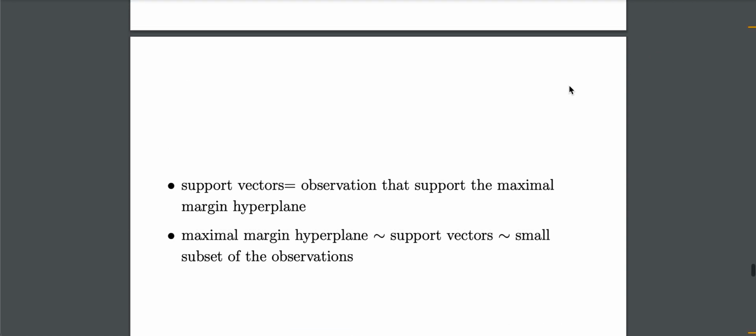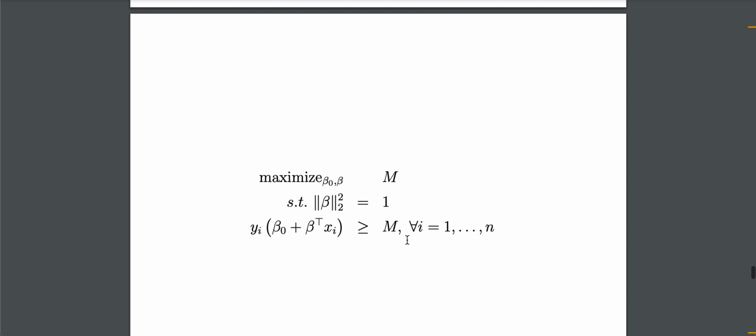That will give us the maximal margin hyperplane. So essentially, we want to maximize M so that for all points this quantity is greater than or equal to M, subject to the L2 norm of beta being 1.